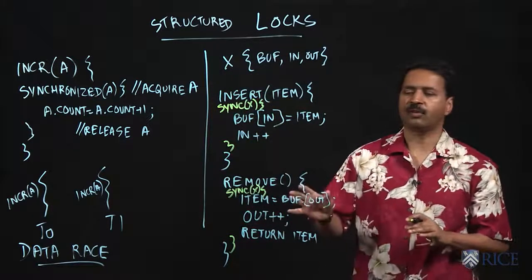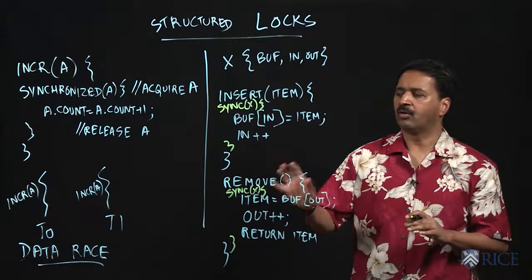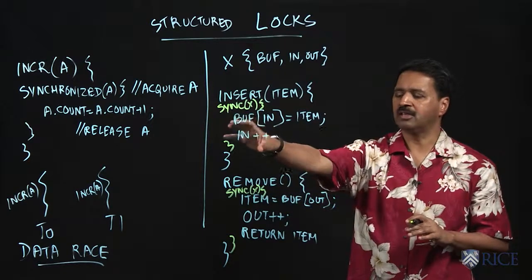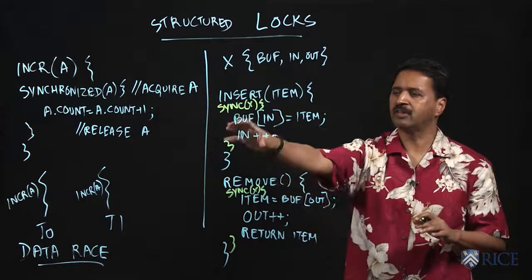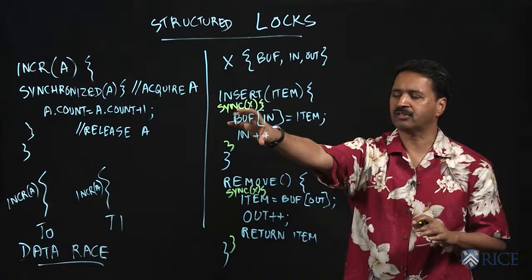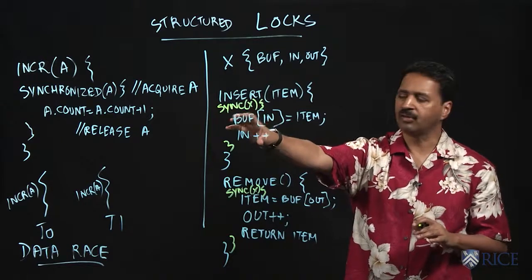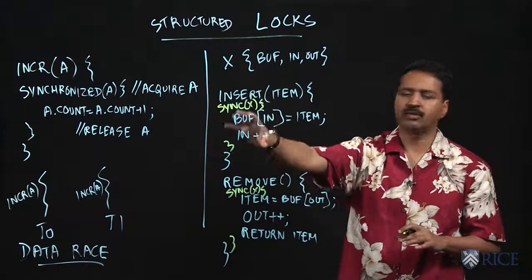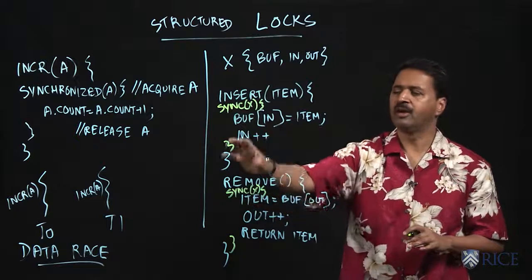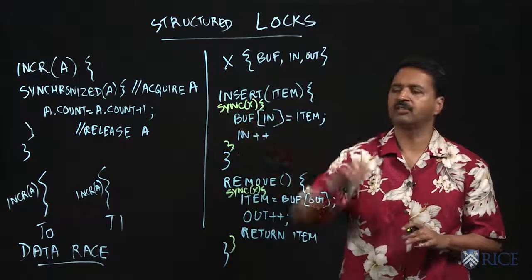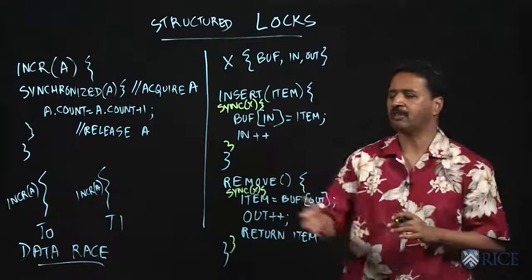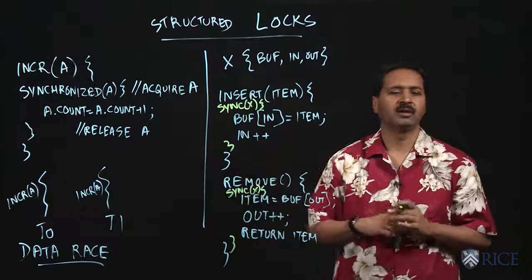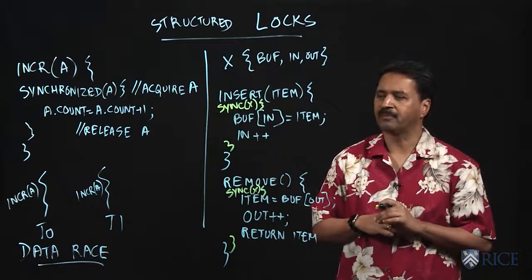Now, in this case, what will happen is only one thread will enter either the insert or the remove, and if a thread has acquired the lock of X, let's say thread T0, no other thread could either do an insert or a remove until thread T0 releases the lock at the end of X. So this idea of locking can apply to multiple statements being protected by the same lock.